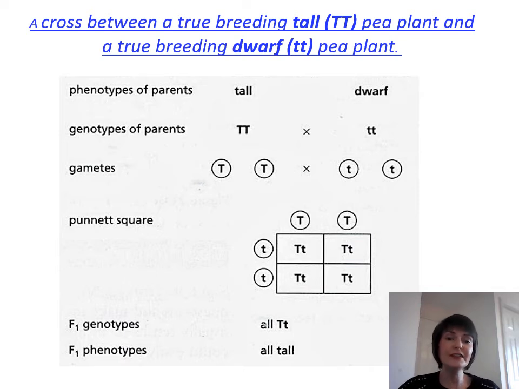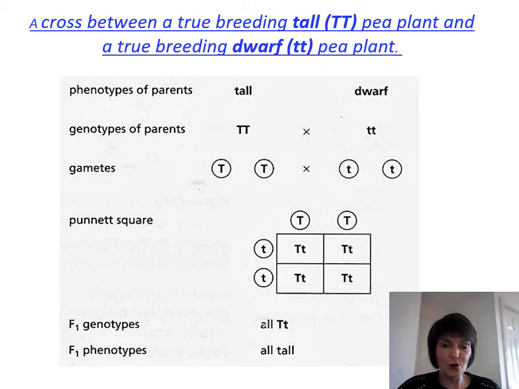So what we have here is a cross between, like I said, Mendel was quite happy playing with his peas, and he found that when he crossed a tall pea plant with a true breeding dwarf pea plant, this is how he presented his results as a genetics cross.